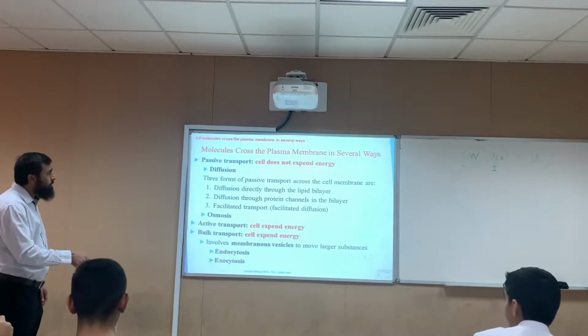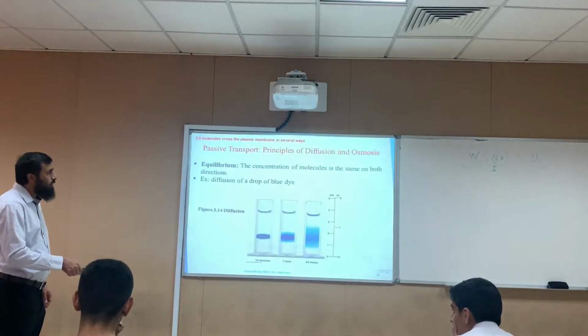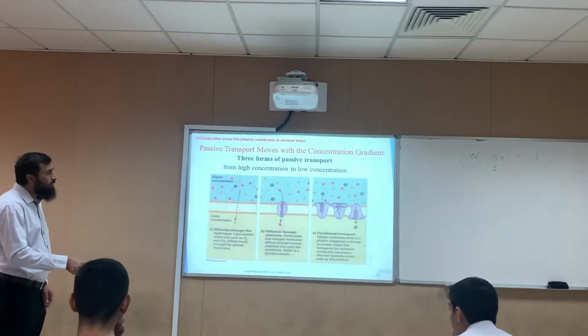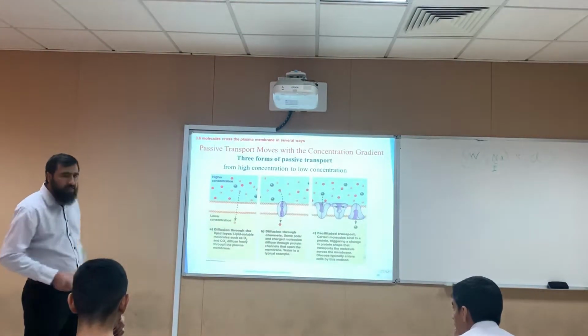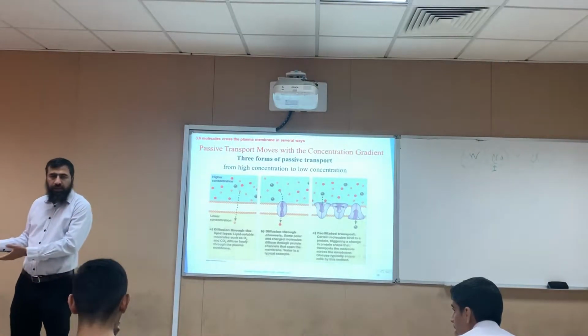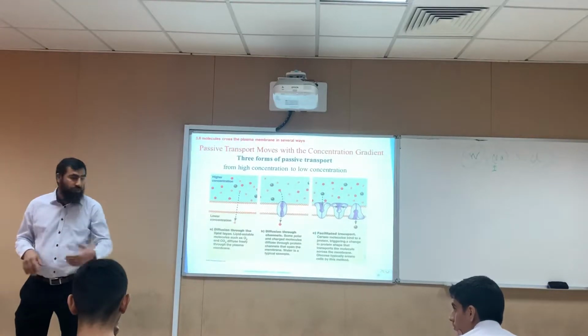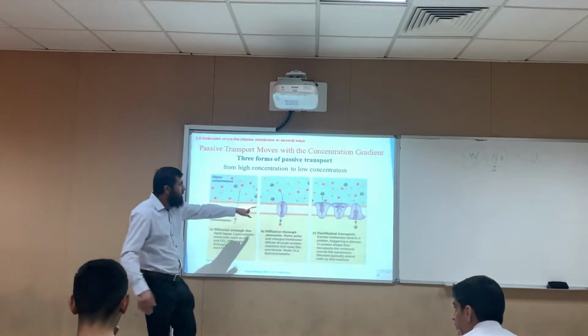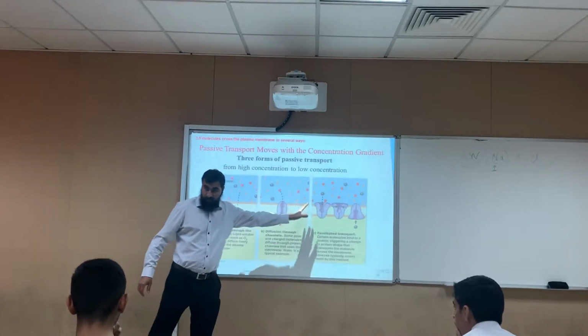Then the other type is facilitated diffusion. In this case, you've got a carrier protein. For example, there's a molecule there that I want to transport. Usually this is for larger molecules, which is why they can't use these channels, and these are more specific.